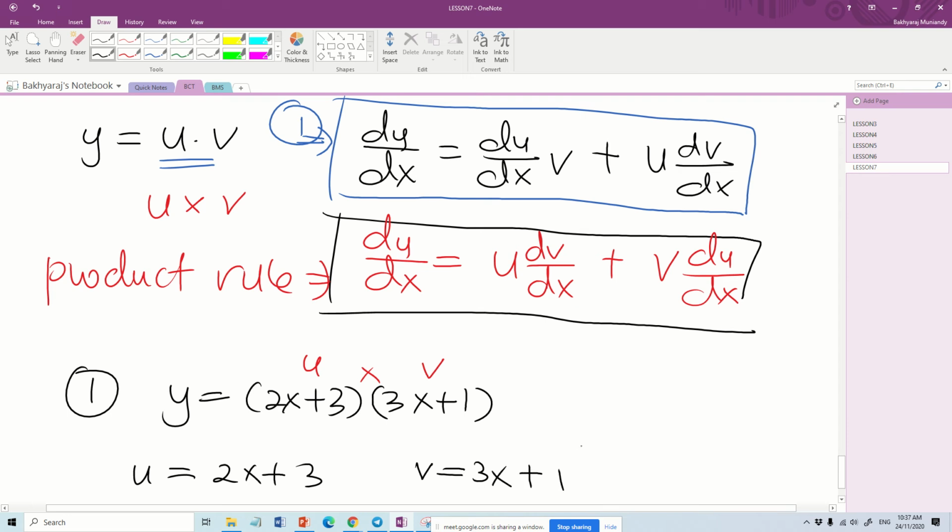So label the u and v. Okay, once you label your u and your v, and then go for du/dx, dv/dx. Cari apa dia punya du/dx. Okay, and also what is your dv/dx.